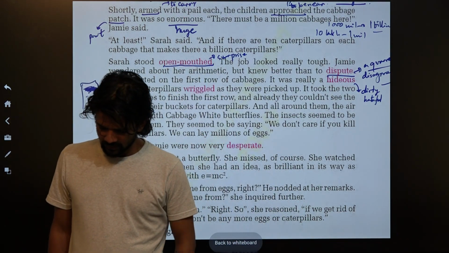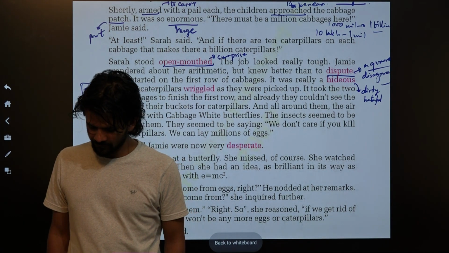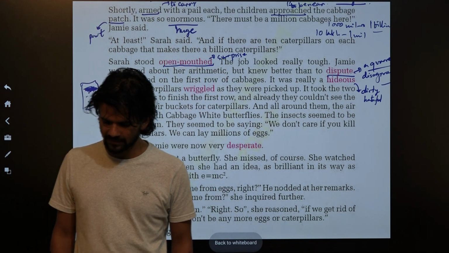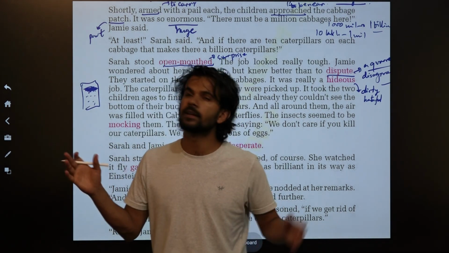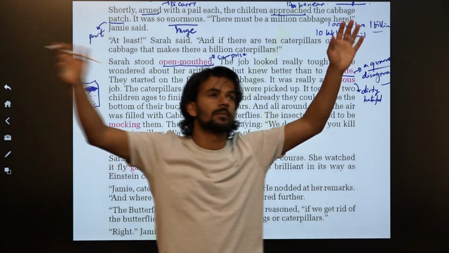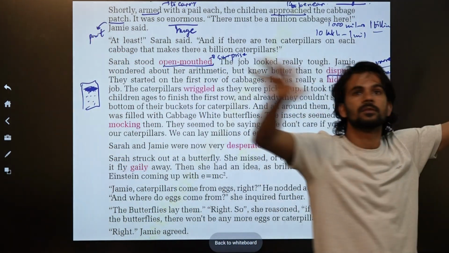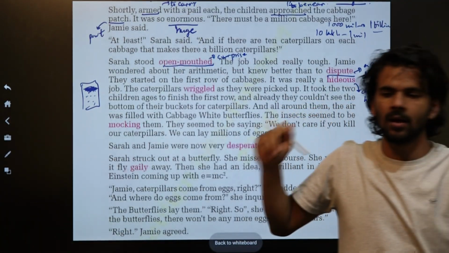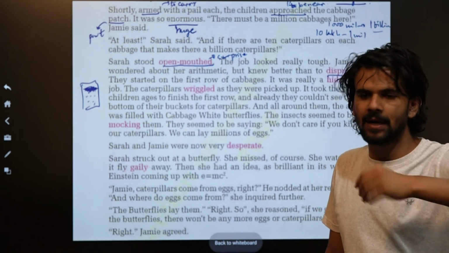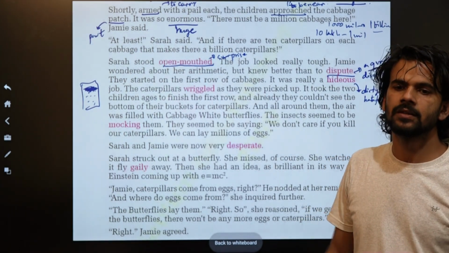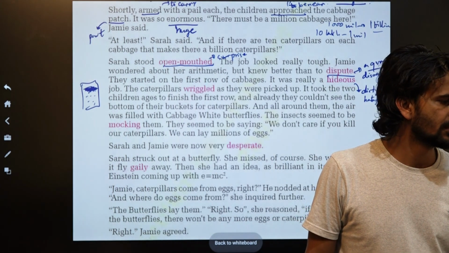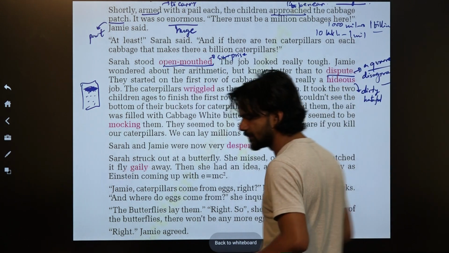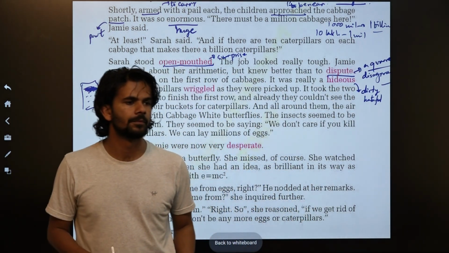All around them the air was filled with cabbage white butterflies, and if they just looked here and there in the air, they could see all the butterflies flying around. Even if they pick all the caterpillars, by the time they are a few rows ahead, the butterflies would lay some more eggs, and then again some more caterpillars. How difficult is the job? Isn't that difficult? Yes, that's a difficult one.